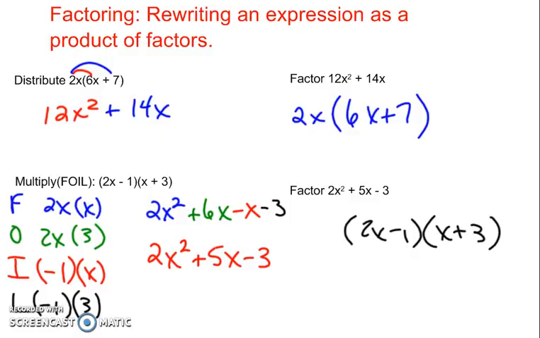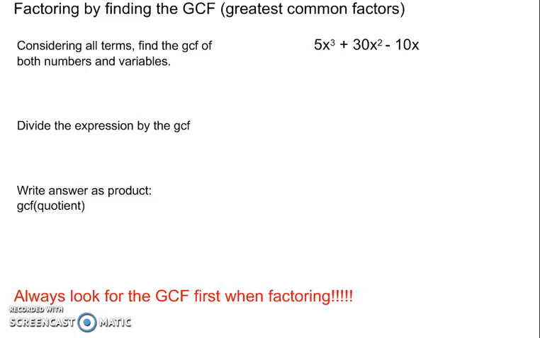Okay, so let's go through some other scenarios where we factor out the GCF. First, we have to consider all the terms. So in this particular problem here, we have 5x cubed plus 30x squared minus 10x. And we're going to factor out the GCF for both numbers and variables.